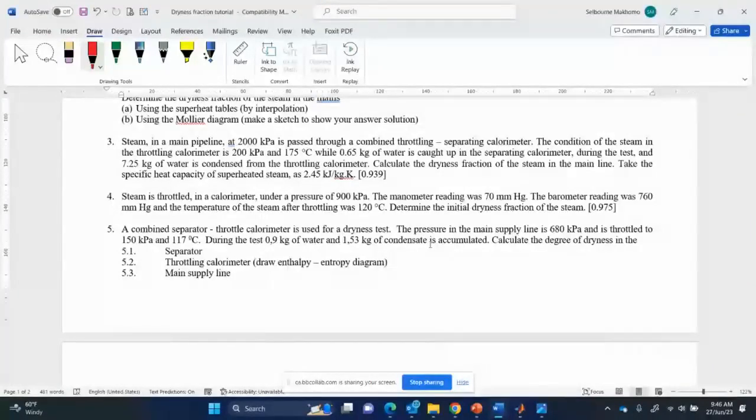During the test, 0.9 of water MW and 1.53 of condensate MS are accumulated. Calculate the degree of dryness in the separator. In other words, 5.1 wants X1, 5.2 X2, 5.3 X0.